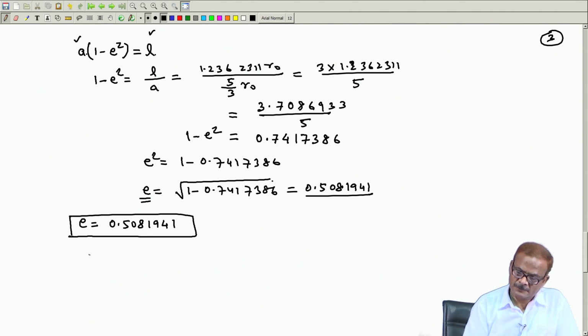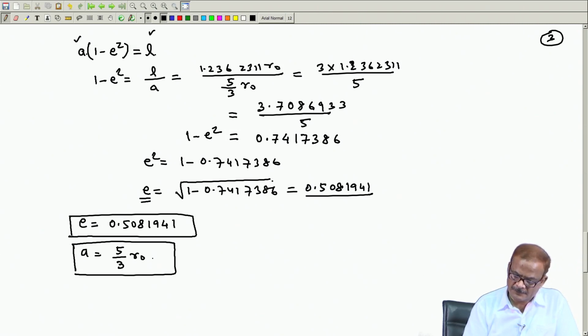And remember the a we have written as 5 by 3 times r 0, though we have not written it explicitly.